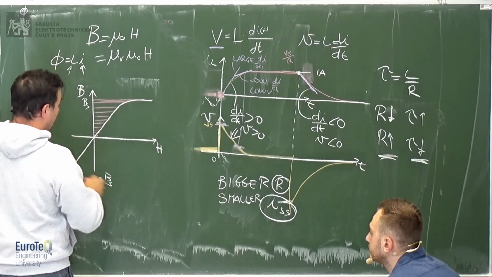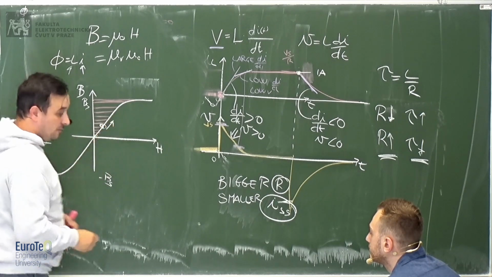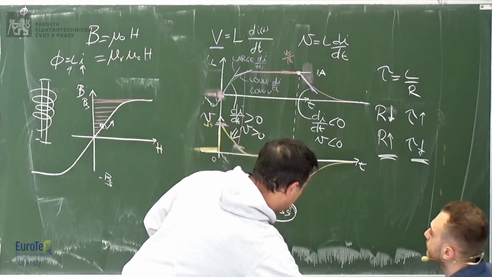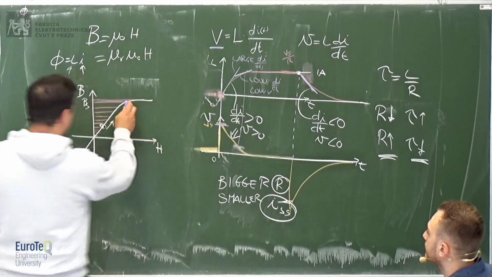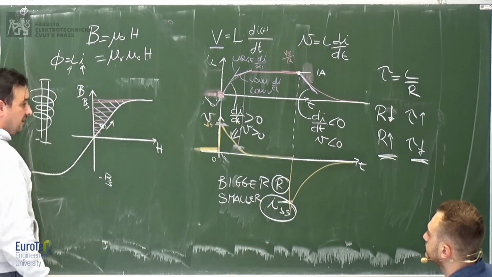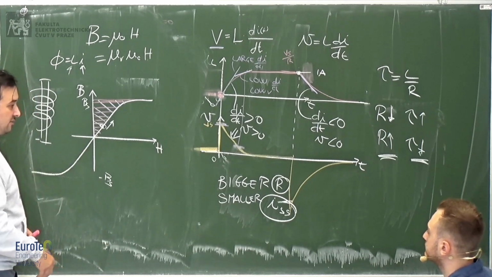This is the moment when it goes up, and then when it goes down, it returns the same energy to the circuit. So there is no energy lost. You put energy inside, you take the energy outside.